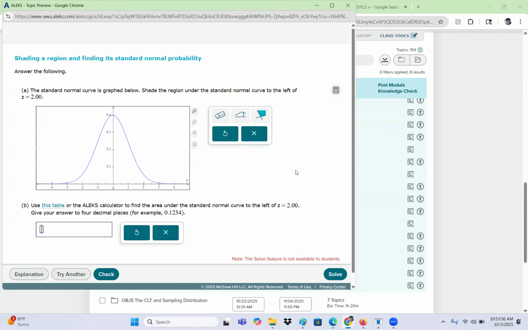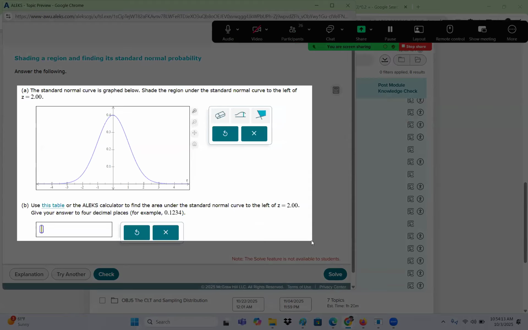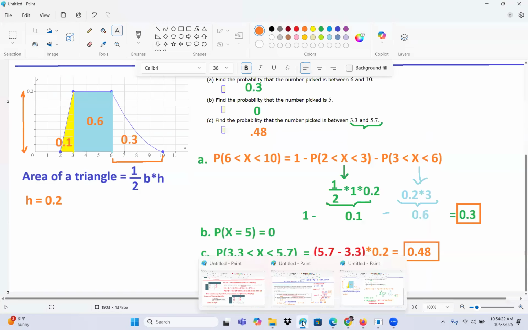Whenever you have a sum of values, this is like a normal curve. So we need to know how to read the standard normal calculators. Let me go to the next page.